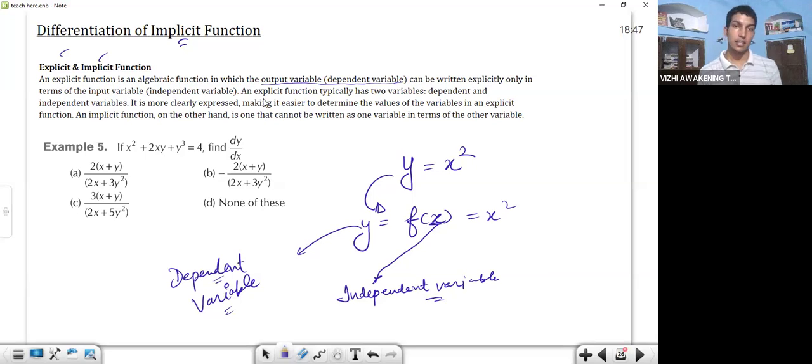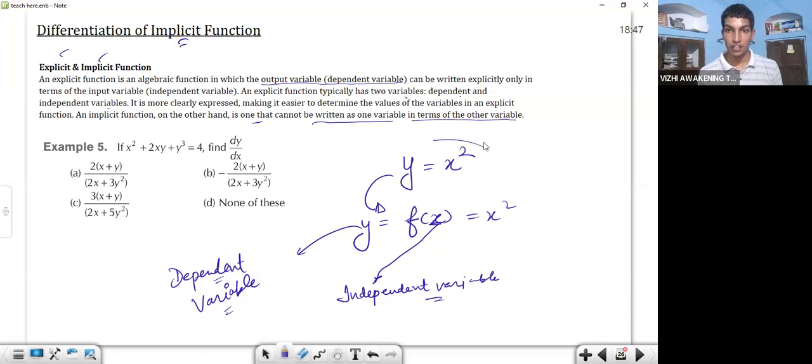Now let us understand, an explicit function typically has two variables, dependent and independent. It is more clearly expressed, making it easier to determine the values of the variables in an explicit function, where we can easily calculate separately the value of x and y, whereas an implicit function is one that cannot be written as one variable in terms of the other variable.